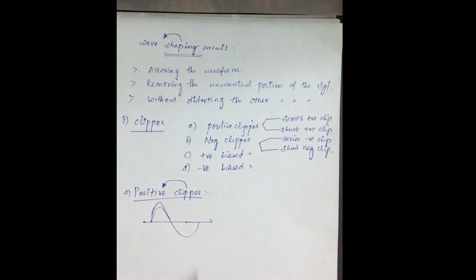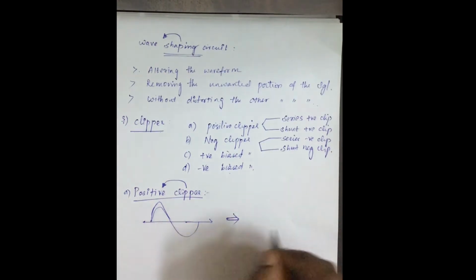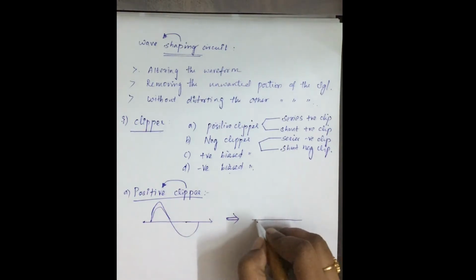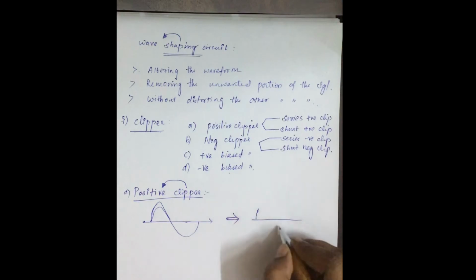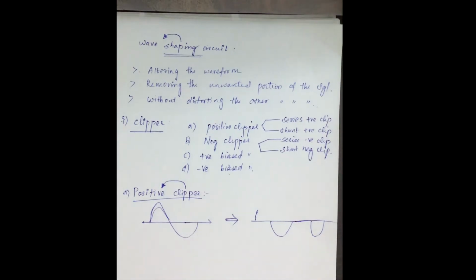If you pass the signal into the positive clipper, then the positive waveform is clipped and you will receive only the negative waveform. So the positive clipper removes the positive half cycle of the given input signal.